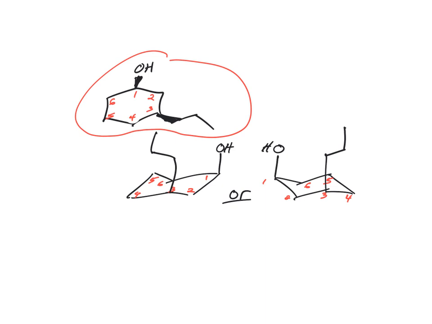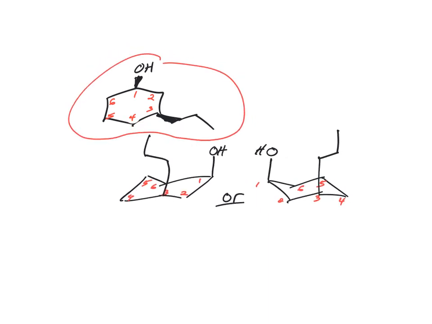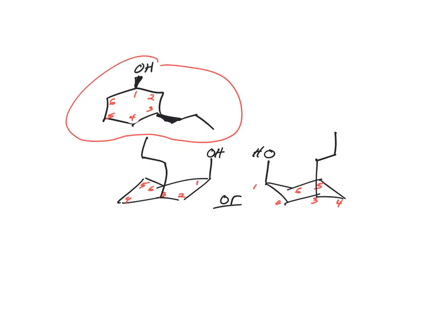If you do a flip, number 1 here is going to be pulled down, number 4 is going to be pulled up. So your ring would go the other way. If it's leaning towards the right here, after the flip, it's going to be leaning towards the left. This one's leaning towards the left. After the flip, it's going to be leaning towards the right.